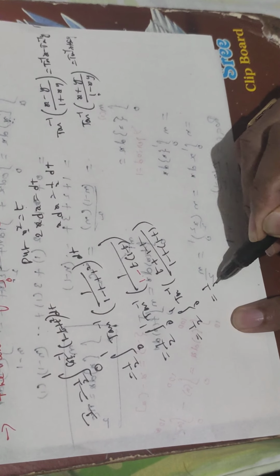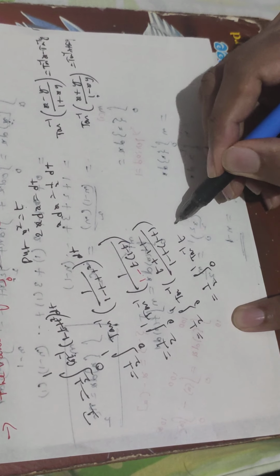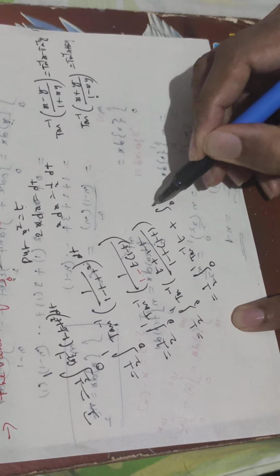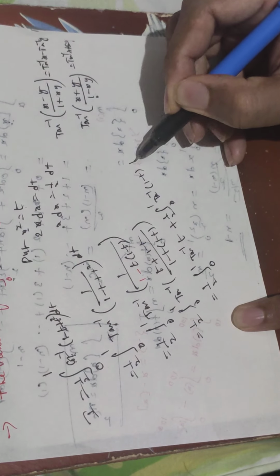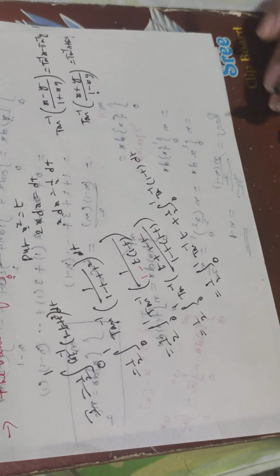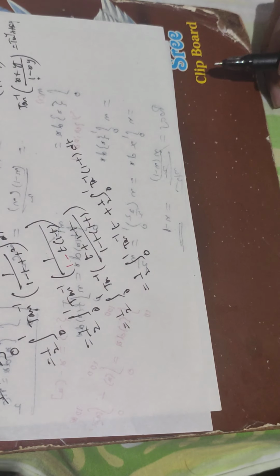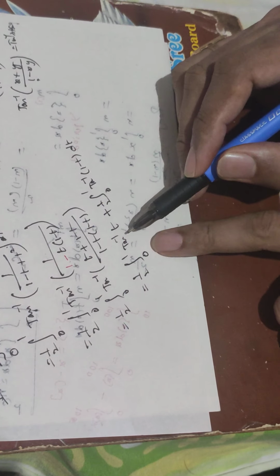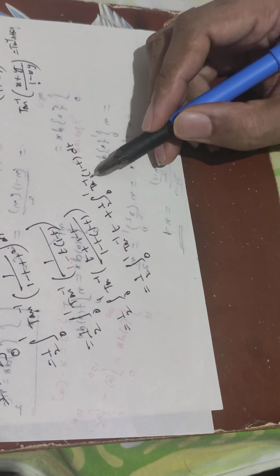So you will get 0 to 1 tan inverse t plus integral 0 to 1 tan inverse of (1 minus t). Next, again one new integrand is there: the integral of tan inverse t, which we get by using by parts. Here there is no need to find the integral of tan inverse (1 minus t).